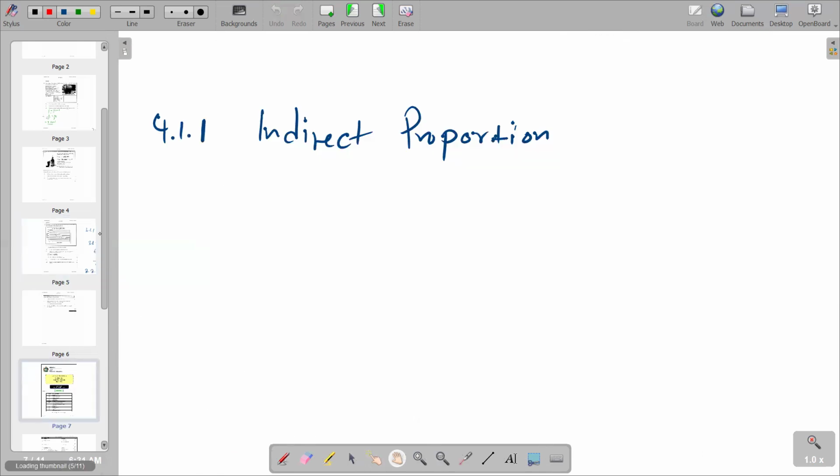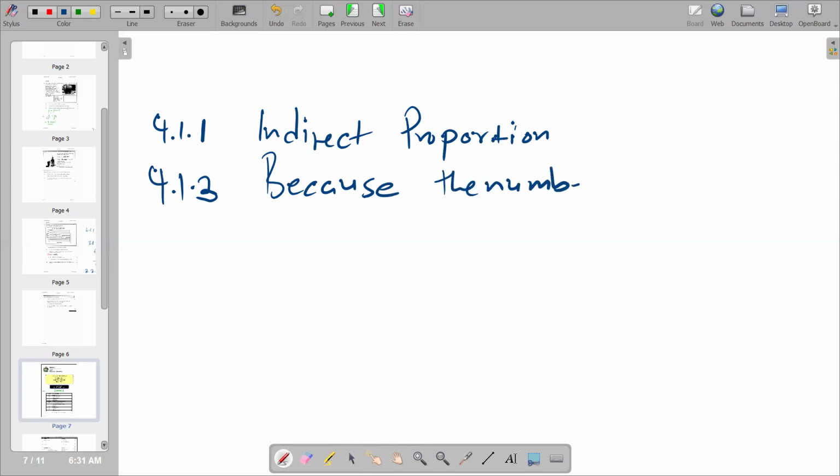So we put it down as 4.1.3: it's because the number of persons is discrete, and by discrete, it cannot be written in the form of a decimal.